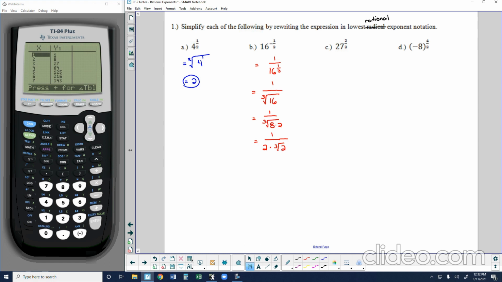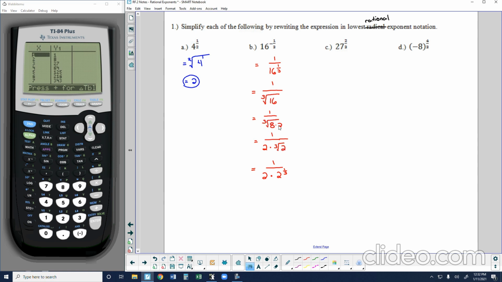But let's go ahead and turn this back into a rational exponent. So we would have 1 over 2 times 2 to the 1/3 power. So the cubed root of 8 is 2.